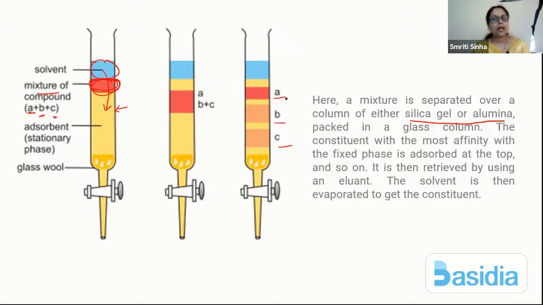This way, you can get the three compounds in pure form. You know that C will come out of this burette first. Collect C, remove that beaker, then put a second beaker, collect B, then put a third beaker and collect A. This way you will get the three components in pure form.